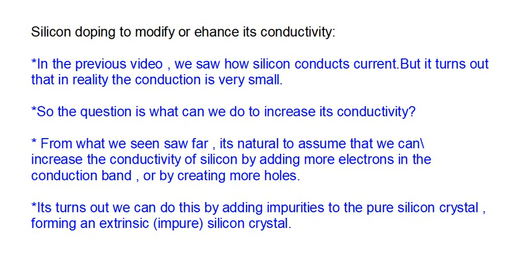It seems reasonable, from what we have learned so far from the previous video, that in order to increase the conductivity of the silicon, we just need to add more electrons in the conduction band, because the conductivity of a material depends on the existence of electrons in the conduction band.